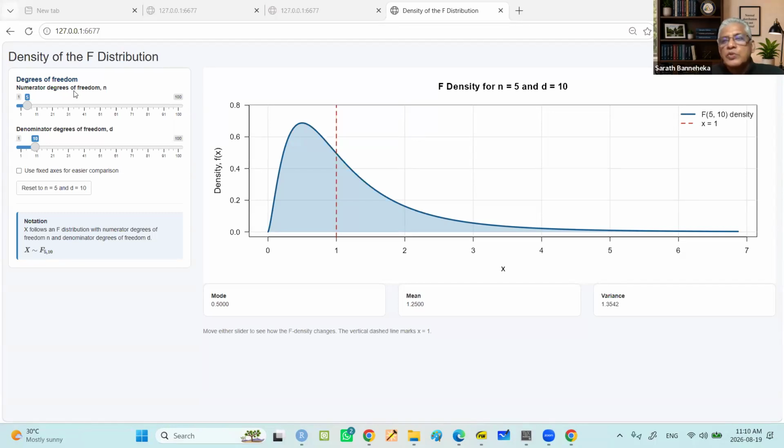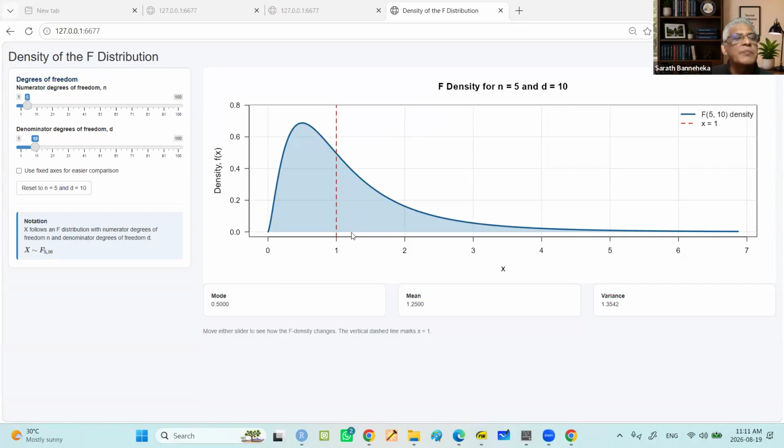Remember, I told you that when the denominator degrees of freedom increases, the expected value approaches 1. I have indicated the value 1 here. For D equal to 10, the mean is 1.25, so it will be somewhere here.